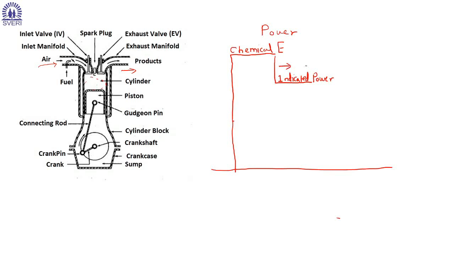This is due to radiation plus loss to the coolant plus loss to exhaust gases. Because of this loss, we get a difference between chemical energy and indicated power.